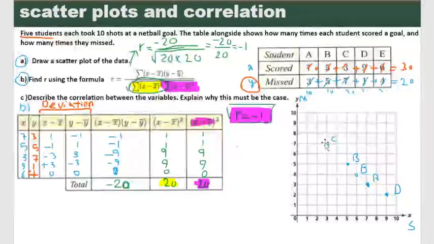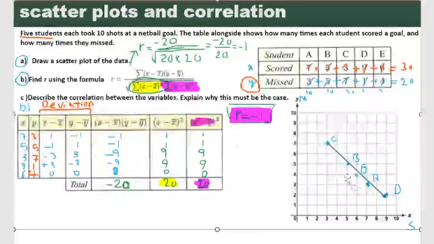First on the graph, if I look at the graph and I draw a line between this data, we will see this data follow the linear line. They follow the linear line.